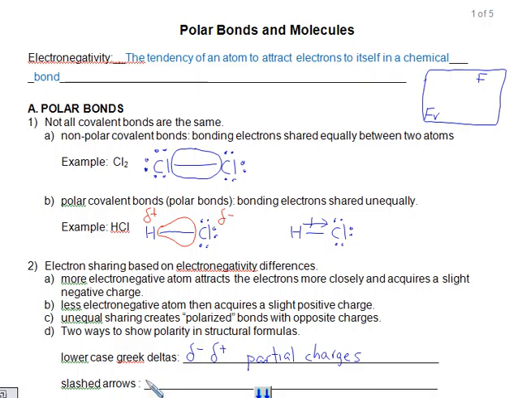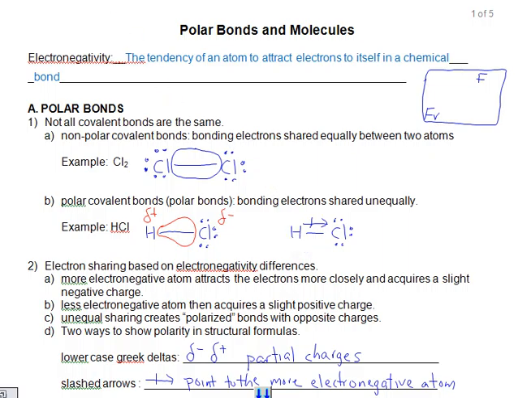So we can also use dashed arrows, slashed arrows, which are going to point to the more electronegative element. So what we say here is this bond has been polarized. So we've got a polar covalent bond.